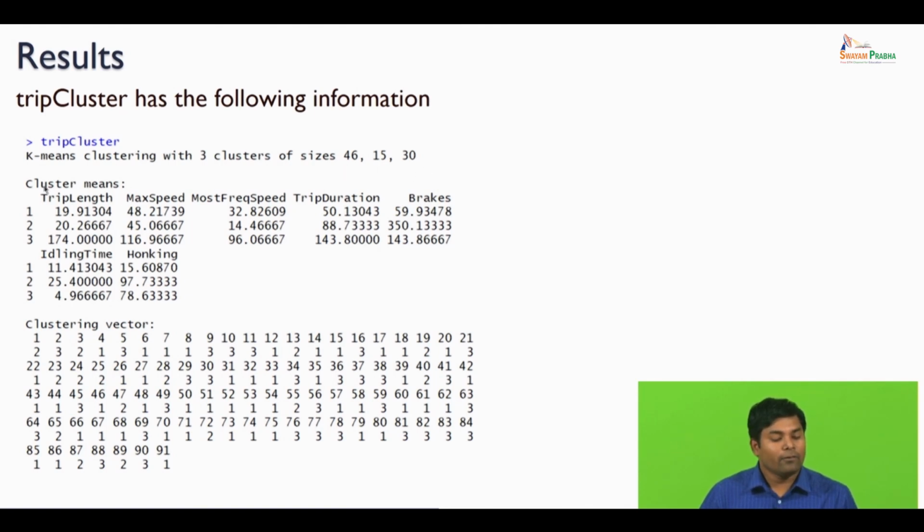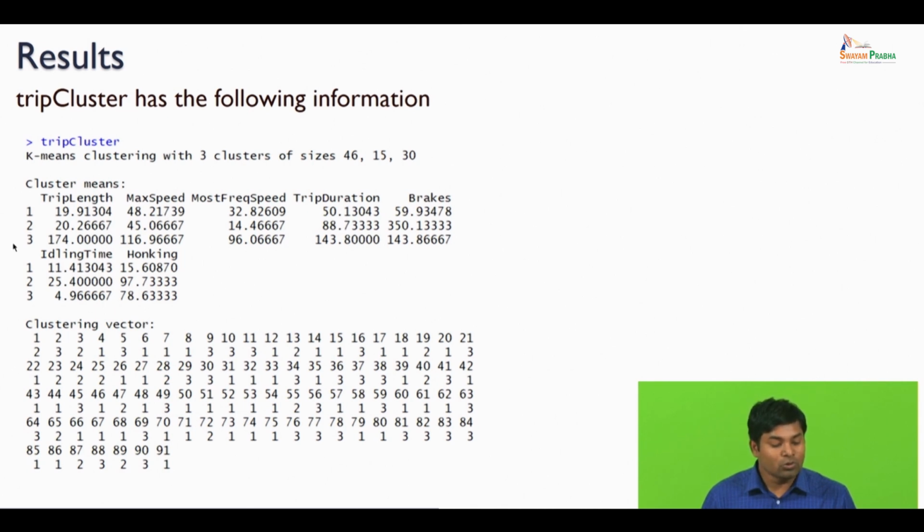For each variable it gives the means of the clusters. Because you wanted to divide the whole data into 3 clusters, the first row is the cluster 1 information, where the mean of the trip length is 19.9 and the mean of the maximum speed is 48.21, and so on.